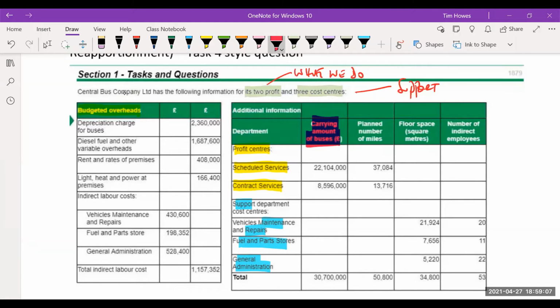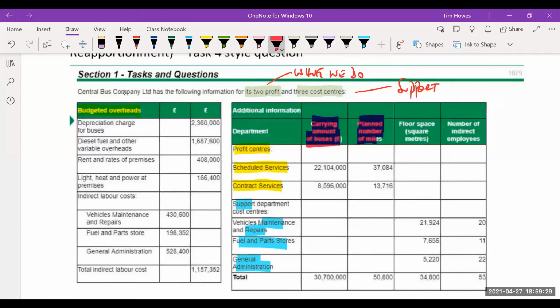And you'll see there's a lot more buses in the scheduled services than there is in the contract services. Either that or the scheduled services ones are a lot bigger, or the ones in the scheduled services are very exquisite buses, which you wouldn't think, would you? So obviously there's more buses in the scheduled services.